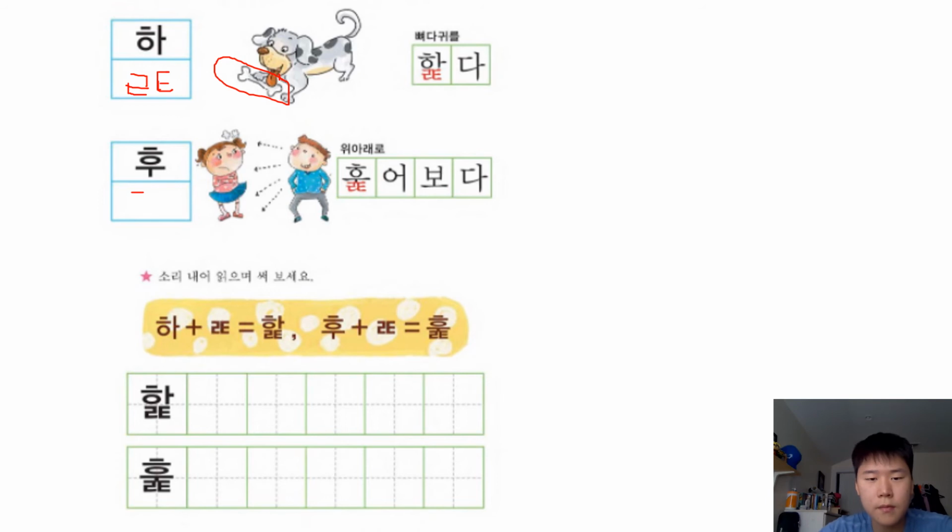And then there's a word 훑어보다, right? That means to look over. This boy is looking at the girl, like he's proud or something, right? Okay. So let's try writing these again.